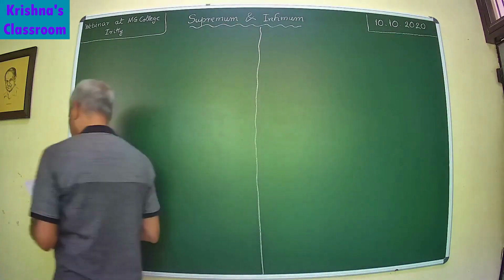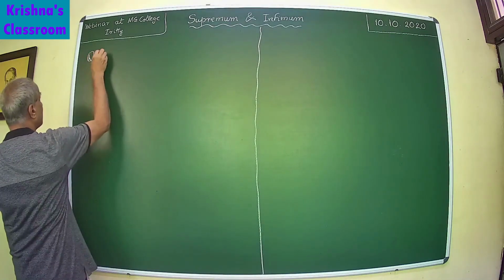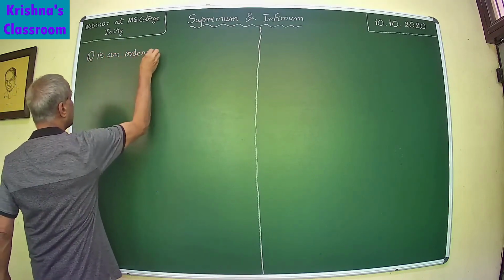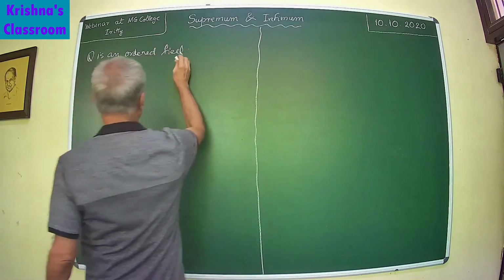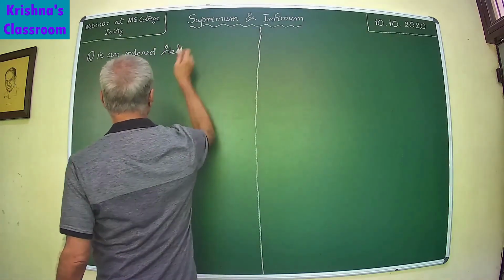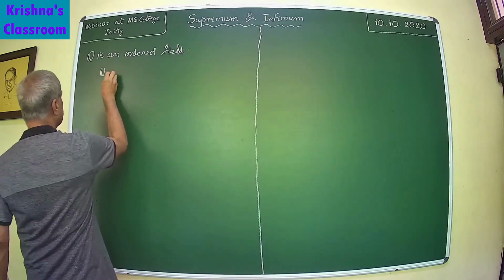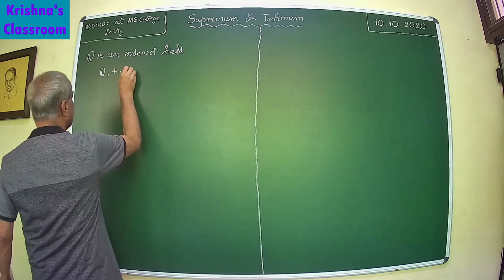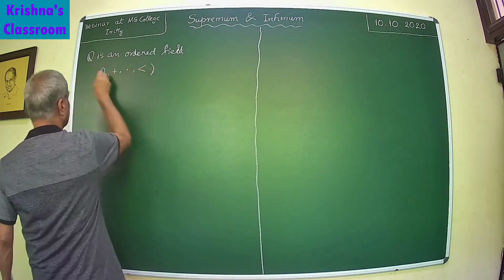So we have Q is an ordered field. What do I mean by that? See, Q has three structures coming out of operations. One is addition, multiplication, and then order structure.